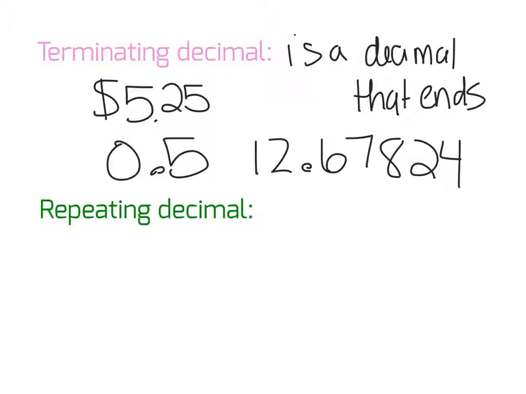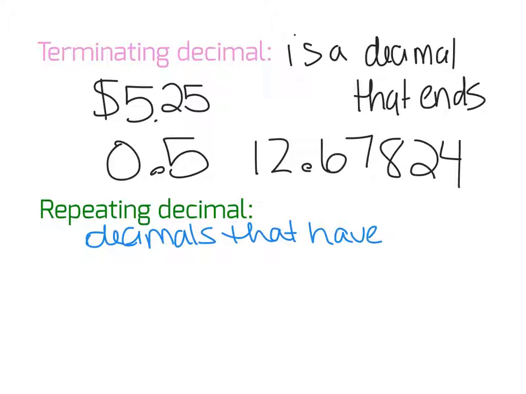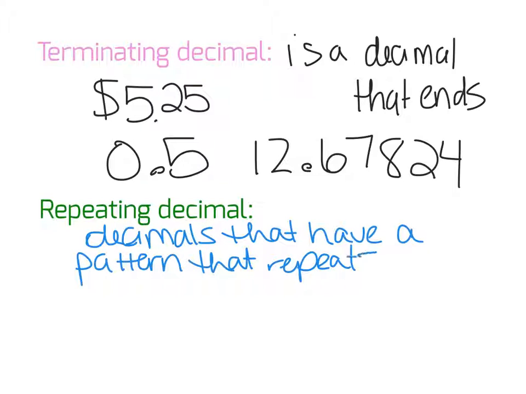Let's go down to repeating decimals. Okay, so repeating decimals obviously are decimals that have a pattern that repeats. So it has to have something that repeats over and over and over again.